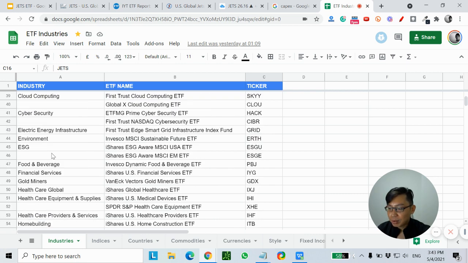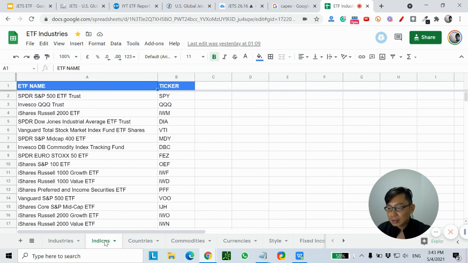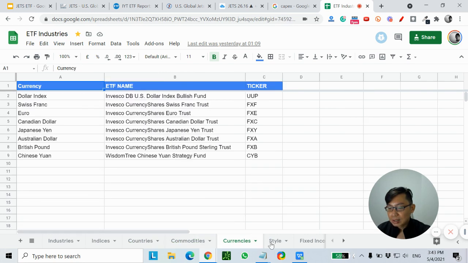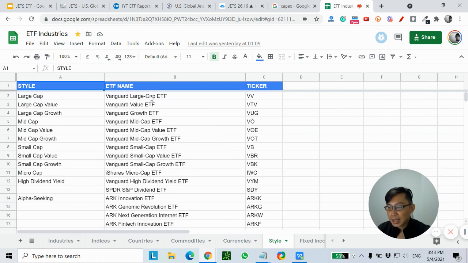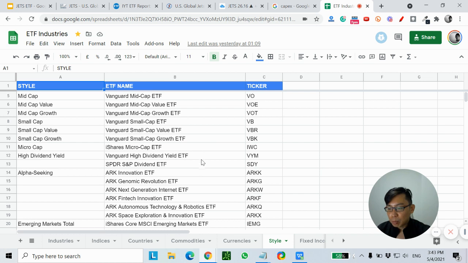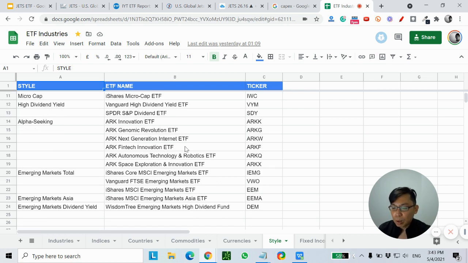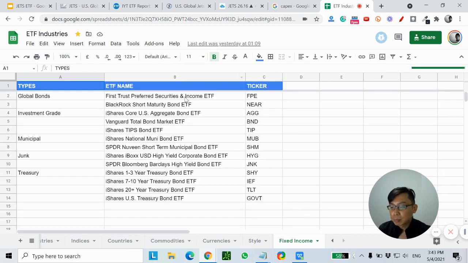A lot of them. Also categorized into indices, countries, commodities, currencies, styles, for example large cap, value, growth, mid cap, small cap, etc. And also one of the top favorites, the ARK Innovation ETF. Mostly all of them are inside, even the bonds.